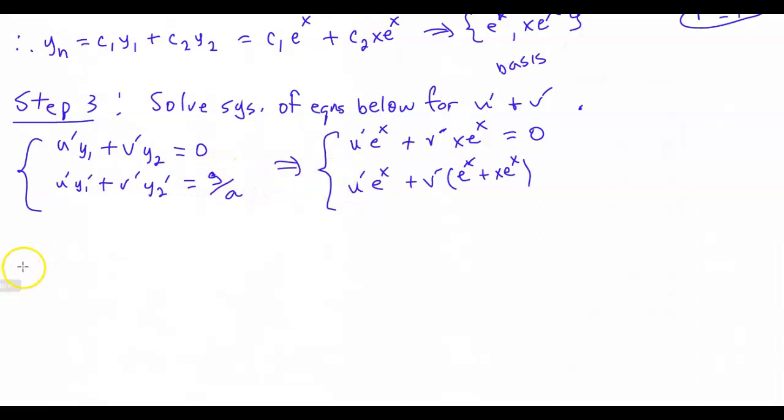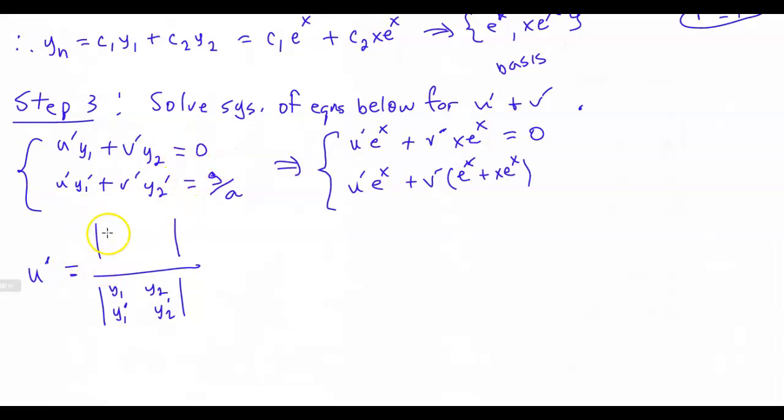Now, using Cramer's rule tells us that we are going to have some Wronskian matrix, which is going to be on the bottom. We talked about that before. It's just going to be y1, y1 prime in the first column, y2, y2 prime in the second column.